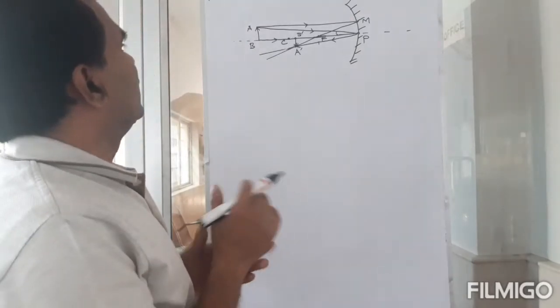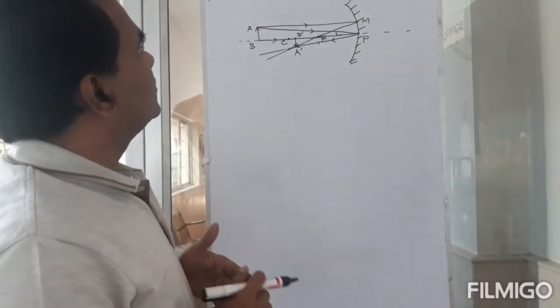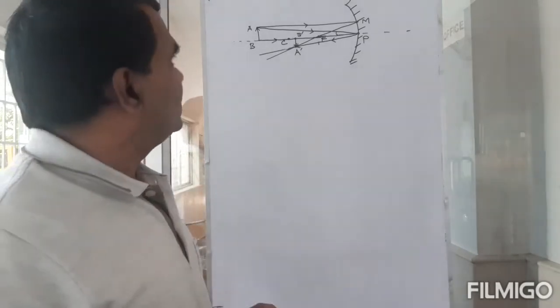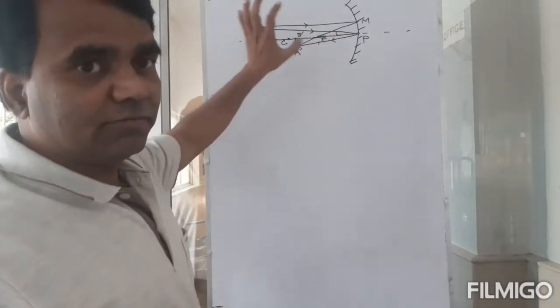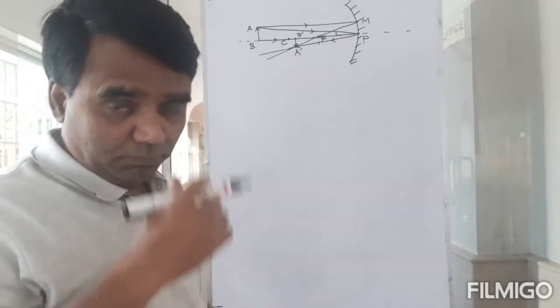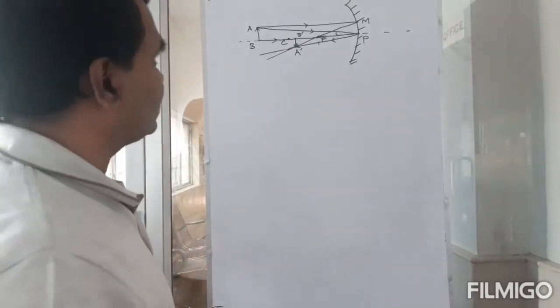Now, what am I going to do? I'm going to make use of this geometry and arrive at the mirror equation.